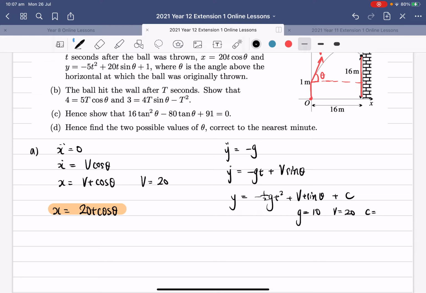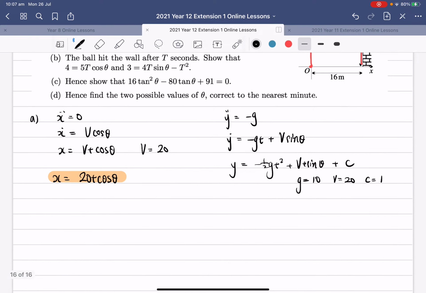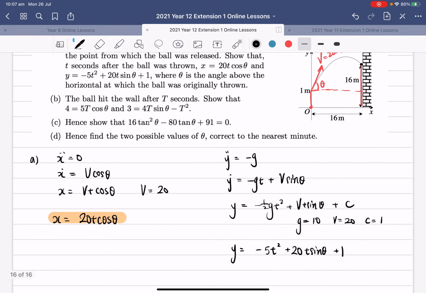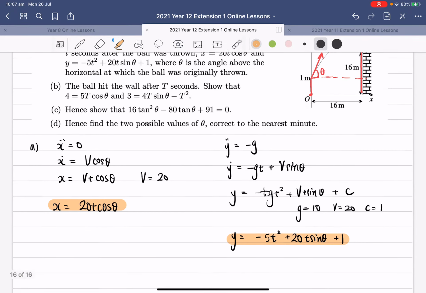This time we know c is the value when t equals 0, so c is equal to 1 meter above the ground. Therefore if we substitute everything, y is equal to minus 5t squared plus 20t sine theta plus 1. Pretty sure that's the answer once we substitute. So that's part A finished.